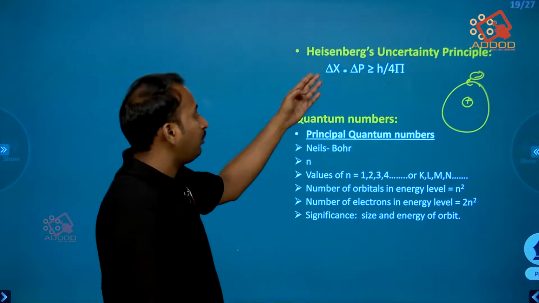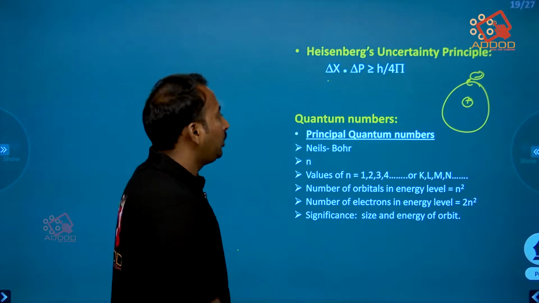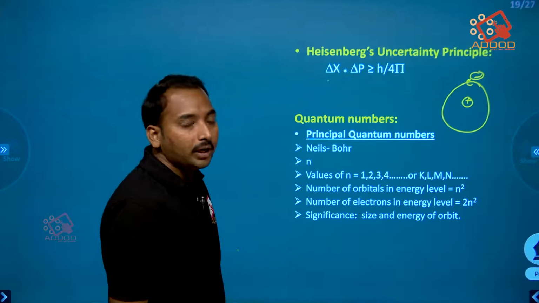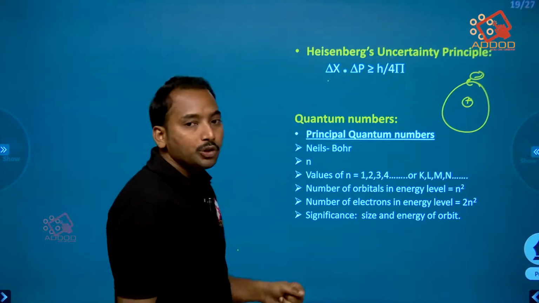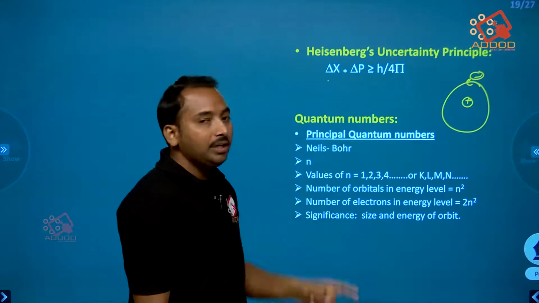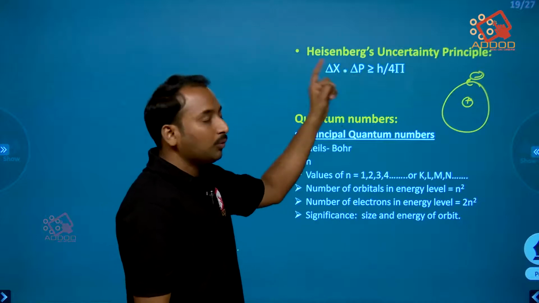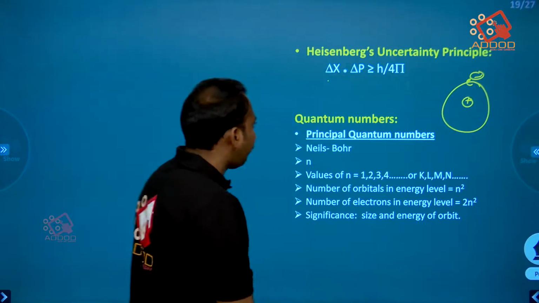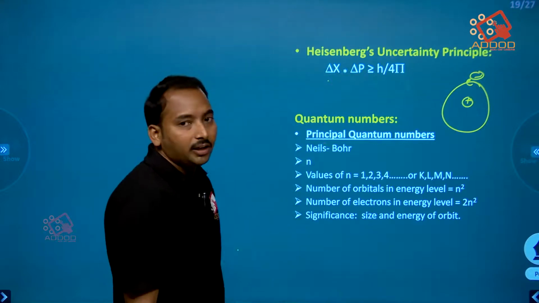They gave the equation delta x into delta p is greater than or equal to h by 4 pi, where delta x is the position of the electron, delta p is the momentum, and h is the Planck constant. So that is called Heisenberg uncertainty principle.